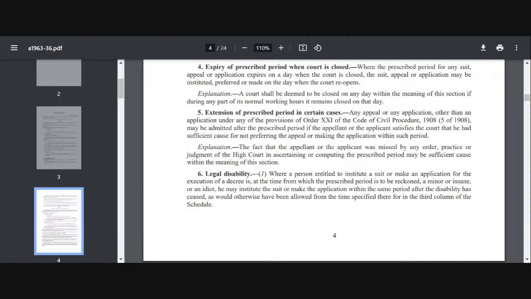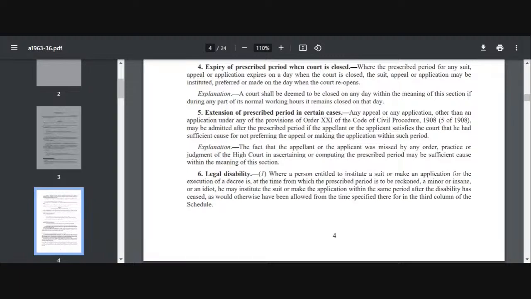If that disability ceases, after that you can file your suit. But till the time you are under that disability, the period of limitation will stop for you, and it will start only after the disability has ceased.